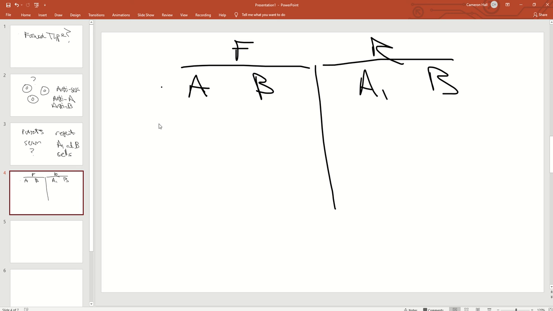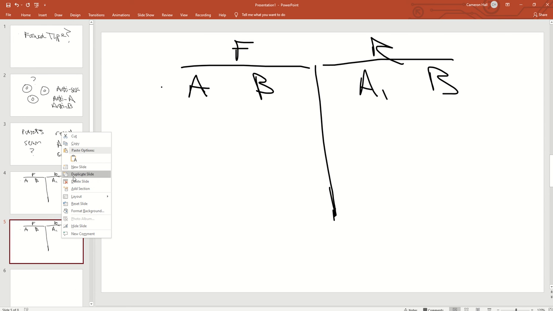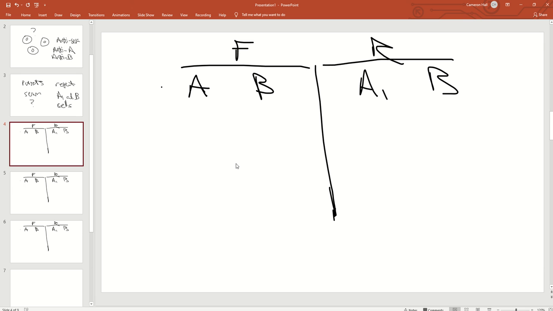So it'll be basically labeled like this with the forward type and the reverse. So let me duplicate this real quick. So I'll keep redrawing it. Let's say that you get a 4+ reaction here, a 0 here. So 4+ means you saw agglutination here. Okay. What would you expect the reverse to be?